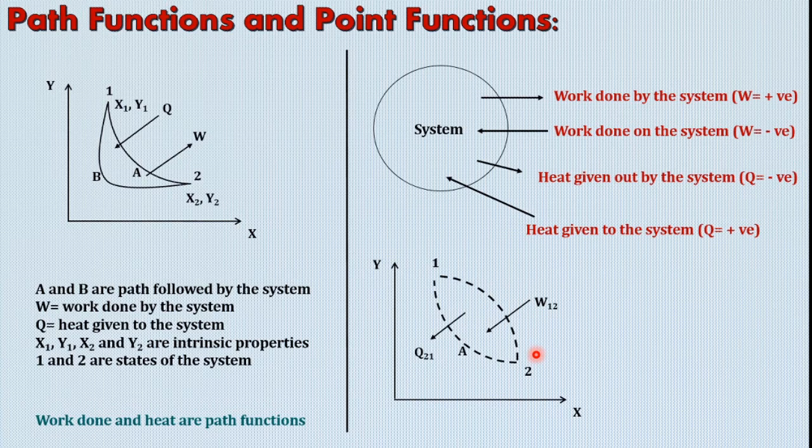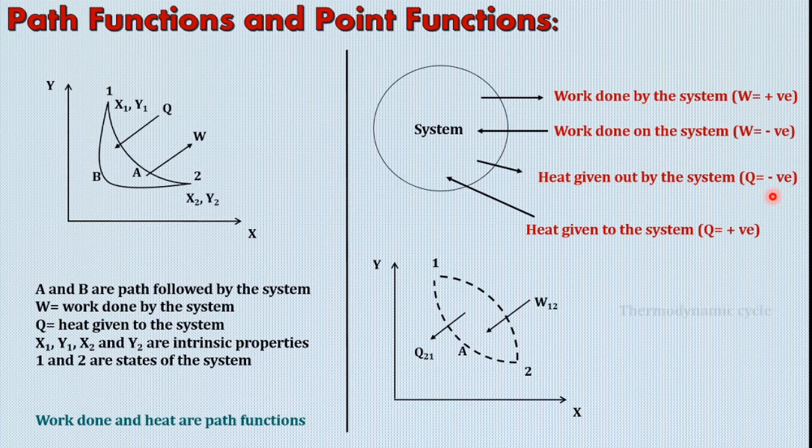So let us consider once again that the system is moving from its initial state 1 to the final state 2, during which work is done on the system, and according to sign convention it is negative. When the system moves from final state 2 to 1, then heat is given out by the system, and its sign convention is again negative.